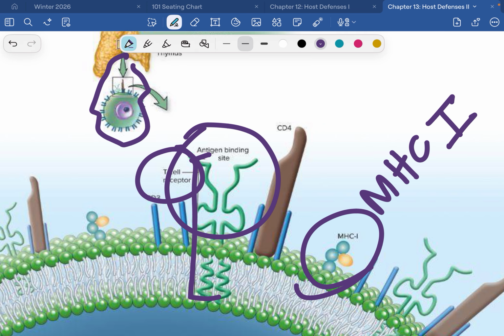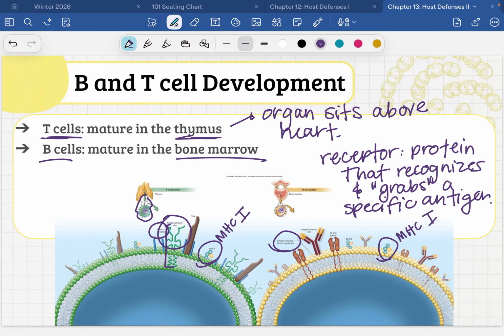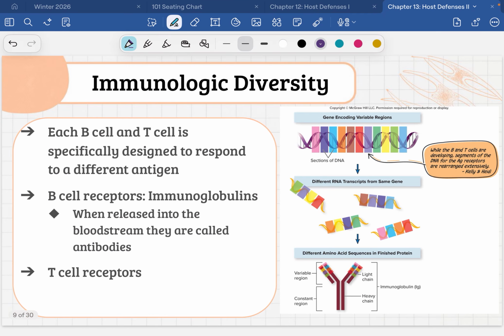So each T cell and each B cell will have a different receptor on it that is specific to different antigens. All right, so this is just written out: immunologic diversity, each B cell and each T cell is specifically designed to respond to a different antigen.